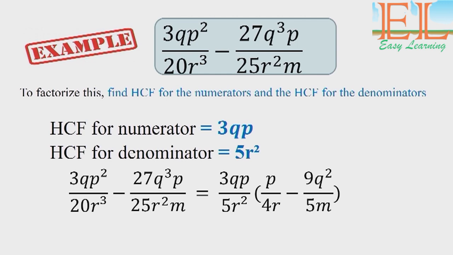And for the numerators, 3q p squared and 27q cubed p, the highest common factor there is 3qp. And for the denominator, 20r cubed and 25r squared m, our highest common factor is 5r squared.